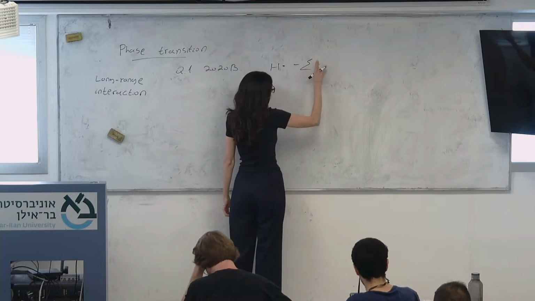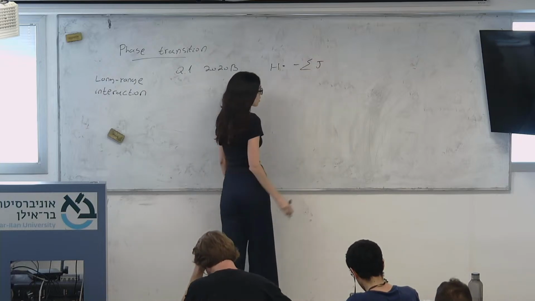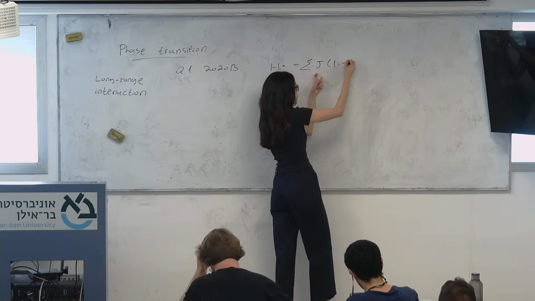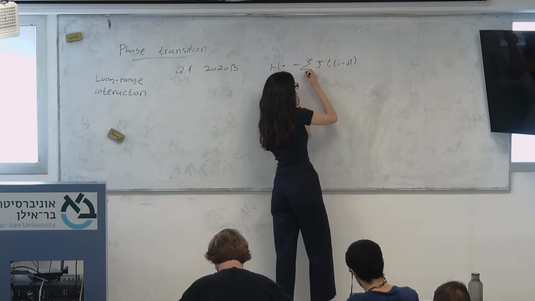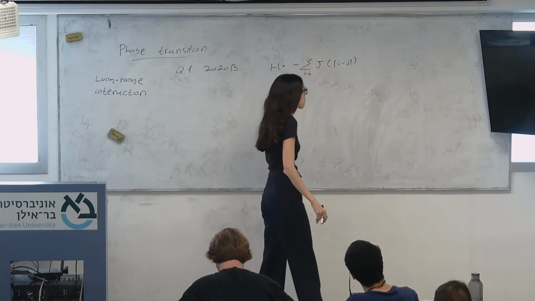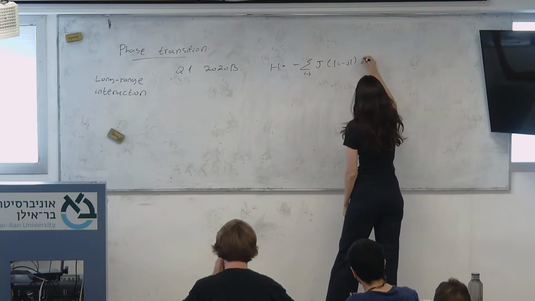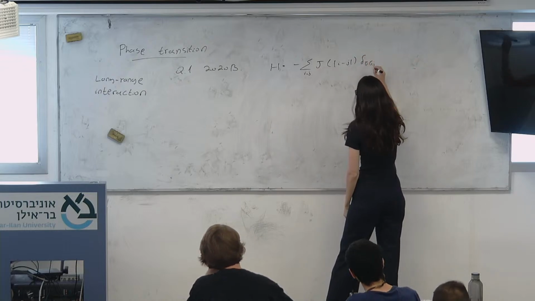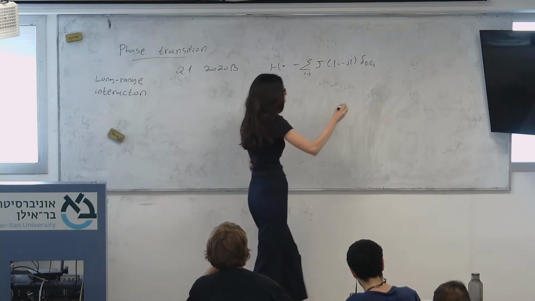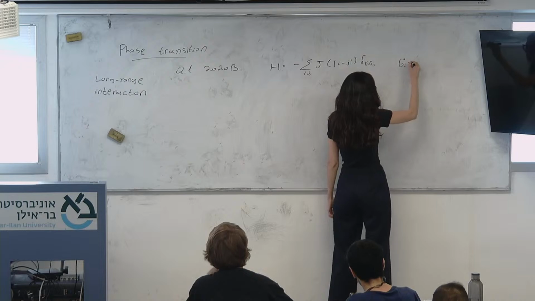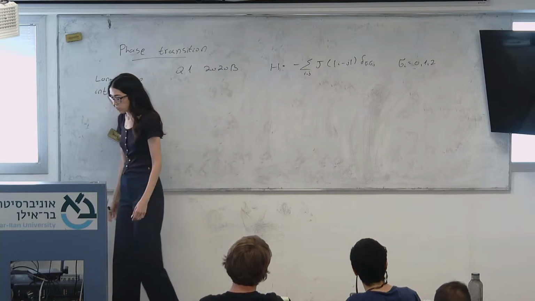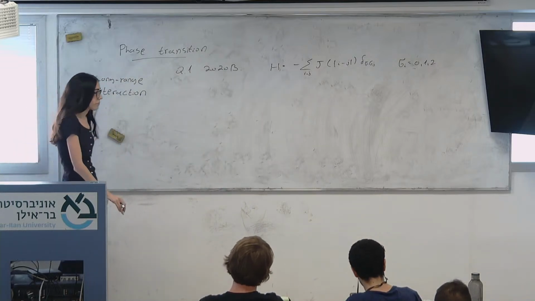Minus, you have a coupling coefficient J that depends on the distance between I and J, where I and J are all of the spins in the system, multiplied by delta of sigma I, sigma J, where sigma I is equal to 0, 1, or 2. So this is kind of a Potts model system.